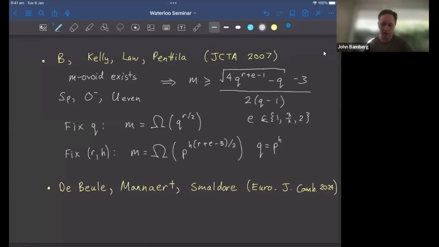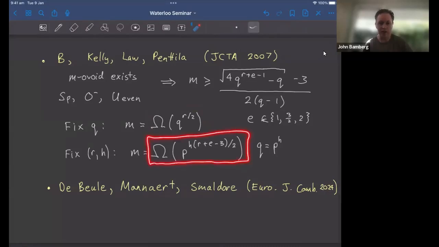Okay, so let's have a think about this. So if you fix Q, this is exponential as R increases, whereas if we fix R and H and we vary the P, the characteristic, then it's more of a polynomial, okay? So what you're interested in changes.